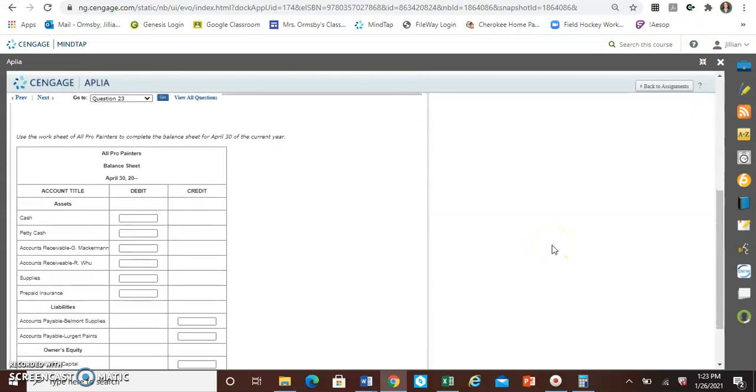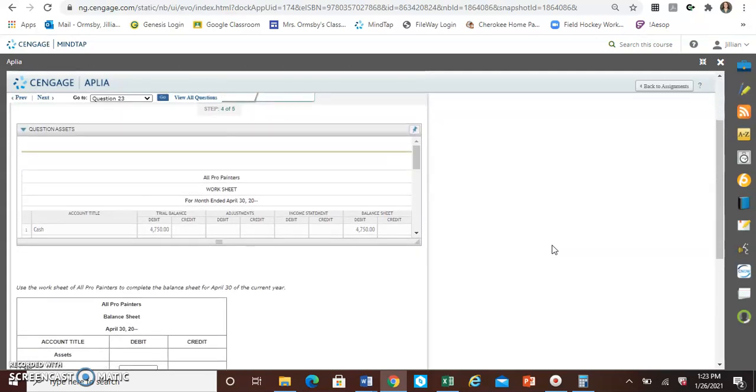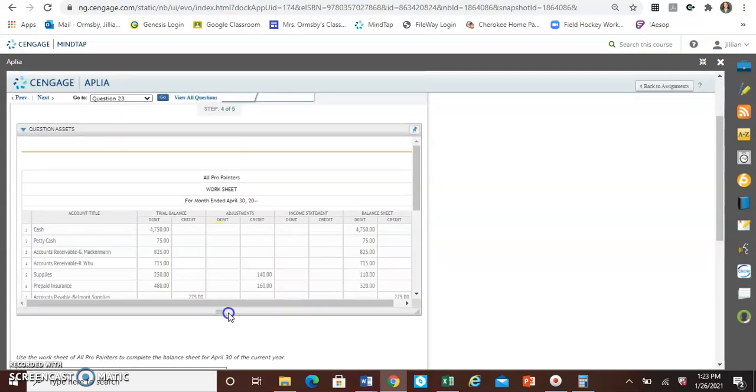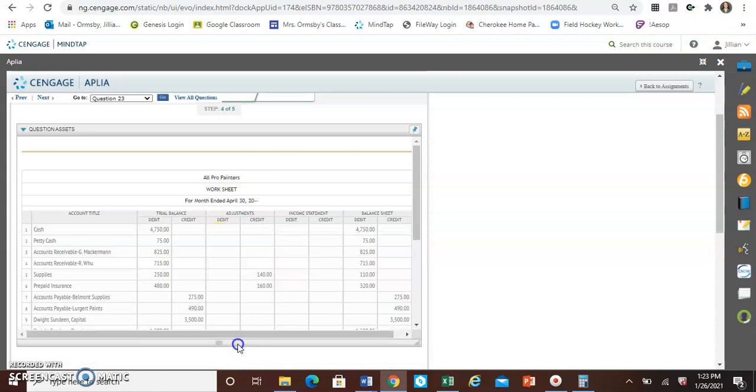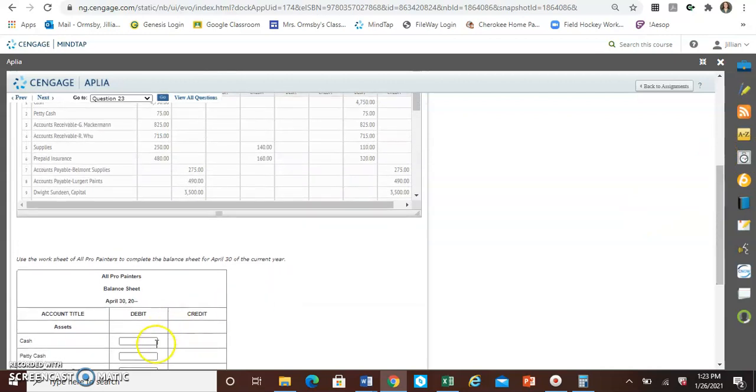So our next step is to add our account balances. So we're starting with all of our assets, and we're taking those amounts directly from the balance sheet columns of the worksheet. Also, please don't take the amounts from the trial balance. Why? Because it does not take into consideration the adjustments that we made. So we need to use the balance sheet amounts. So we have 4,750. Then we have petty cash 75.